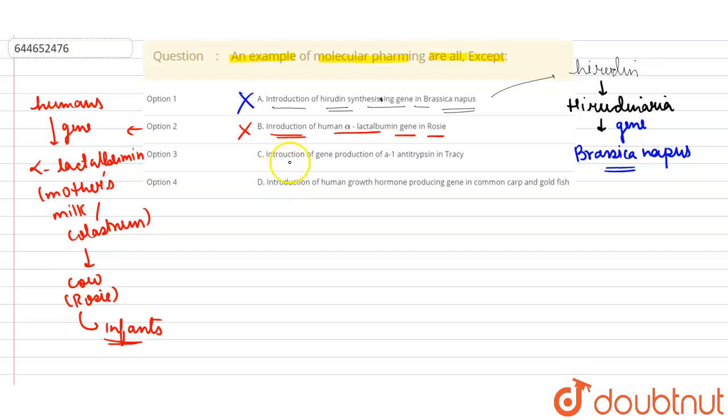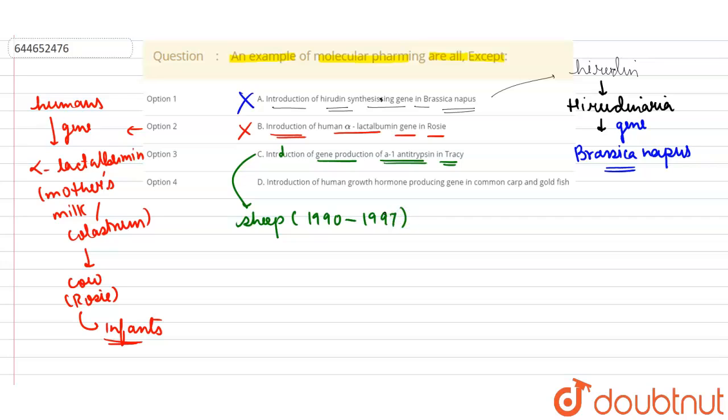The third one is introduction of gene for production of alpha-1 antitrypsin in Tracy. Tracy is a sheep, and this sheep was produced transgenically in 1990 to 1997.